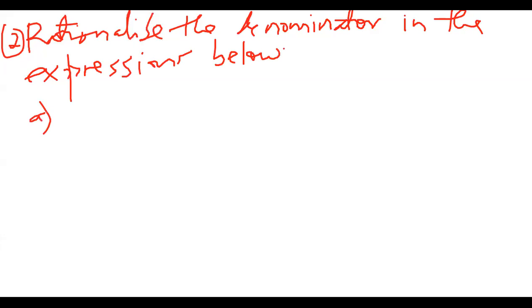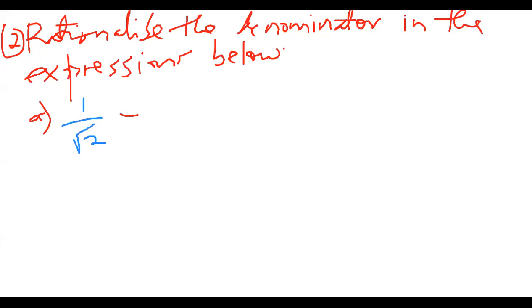Part A, we can have 1 out of root of 2. So we're going to remove the square root sign from the denominator, but without changing anything. Still here, what we do is very simple.